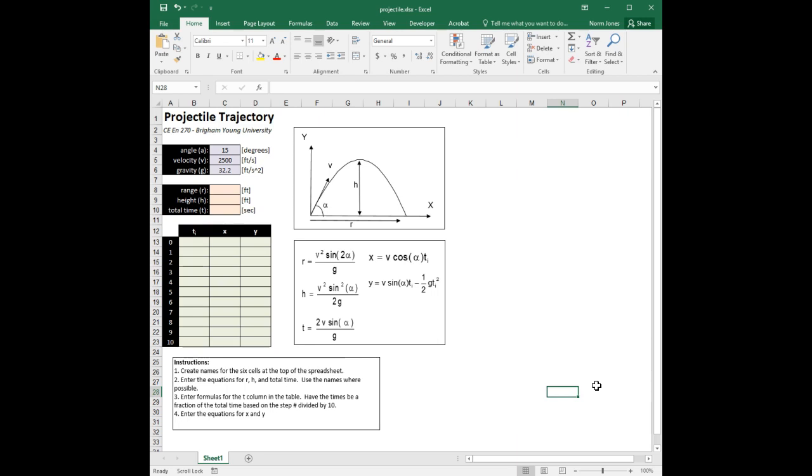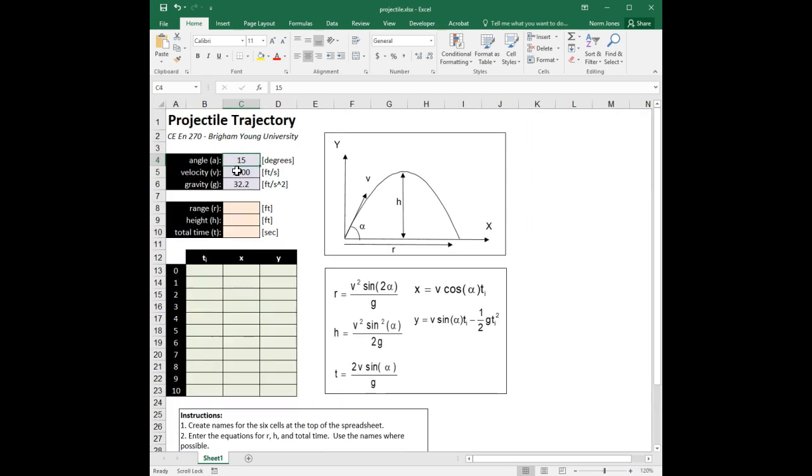And so we're going to have the user enter an angle in degrees in cell C4, and then the velocity in feet per second in cell C5, and then the coefficient of gravity in cell C6.